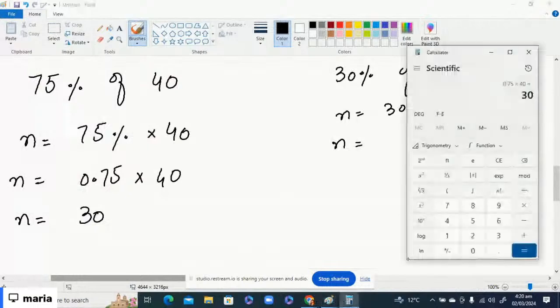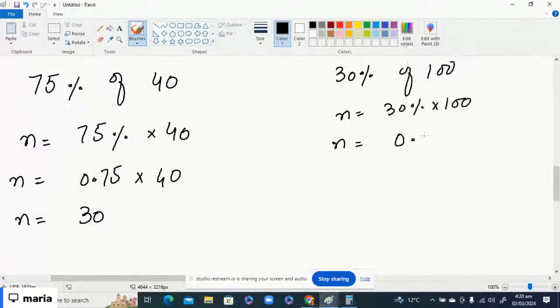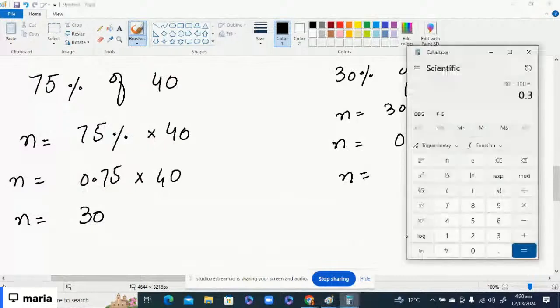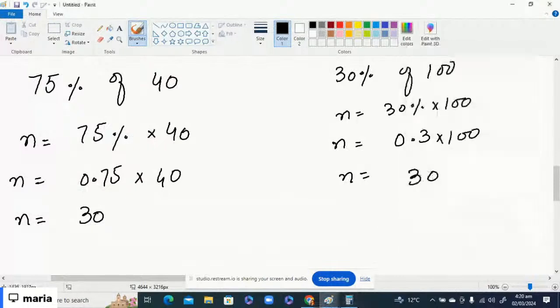When we are going to find 30%, 30 divided over 100, that is 0.3 times 100. Now multiply 0.3 times 100, which is 30. So which one is less or which one is greater, or they both are equal? Yes, they both are equal. So we're going to click neither, they are equal.